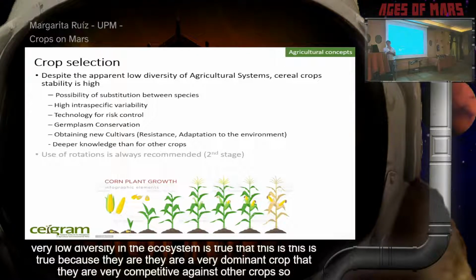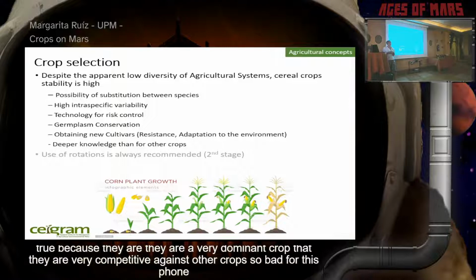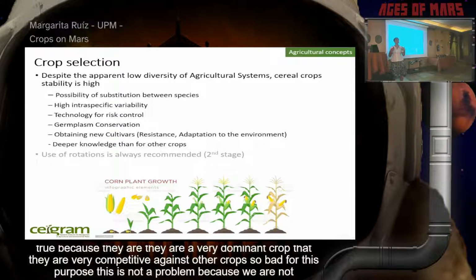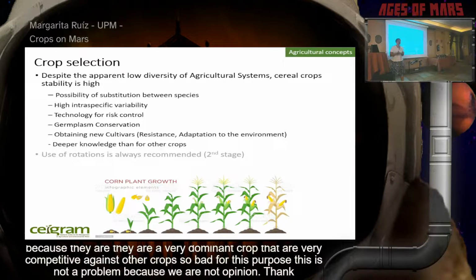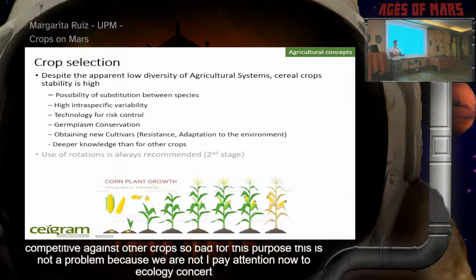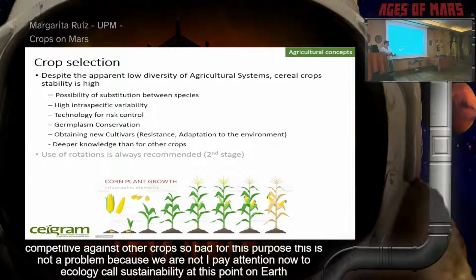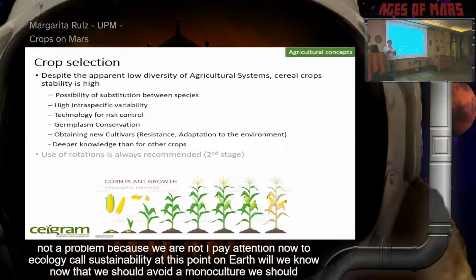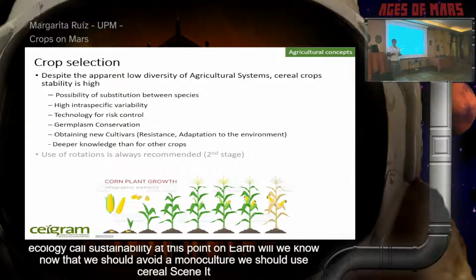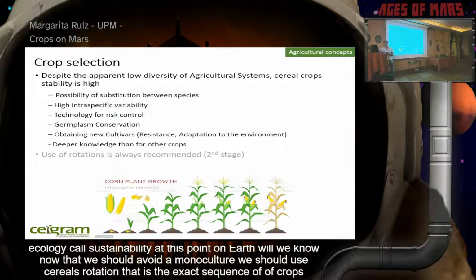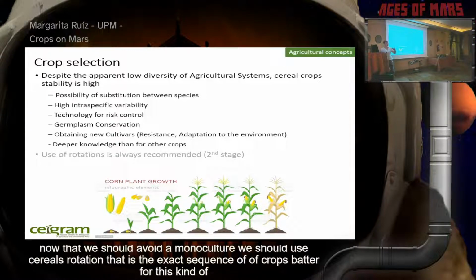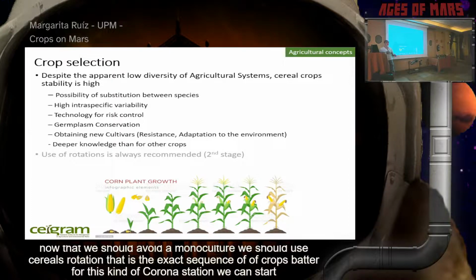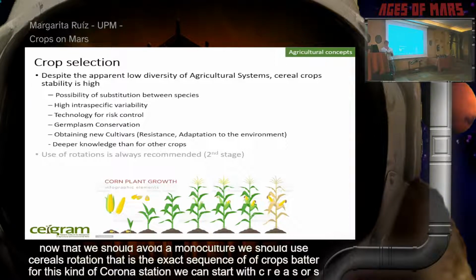But for this purpose, this is not a problem, because we are not paying attention now to ecological sustainability at this point. On Earth, we know now that we should avoid monoculture. We should use cereals in a rotation, that is the sequence of crops. But for this kind of colonization, we can start with cereals or a short rotation with other crops.